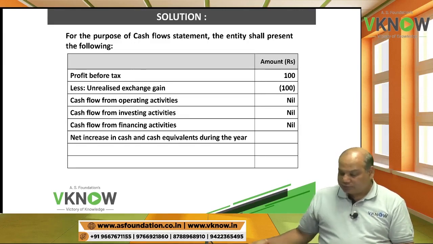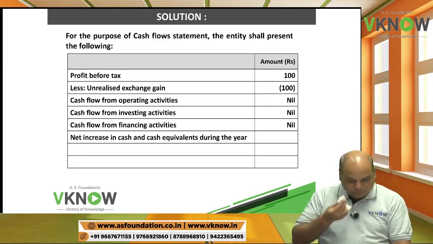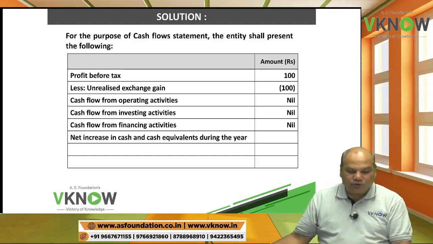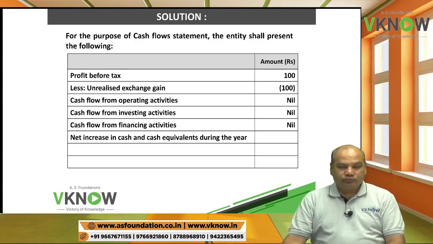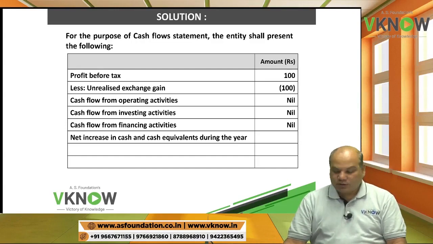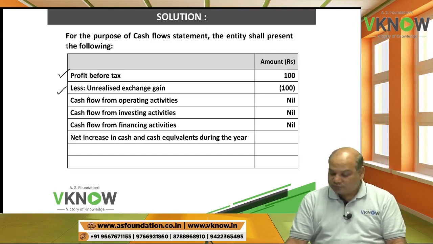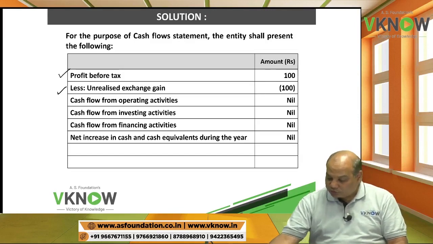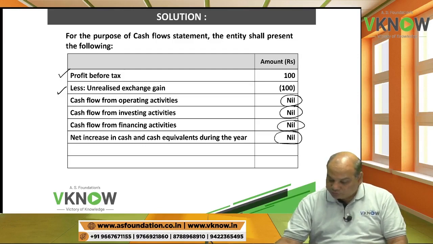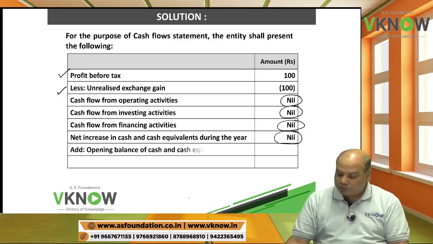Therefore net increase or decrease in cash and cash equivalent: first you will write profit figure, reverse unrealized gain or loss, remaining item as it is. So your total is 0.